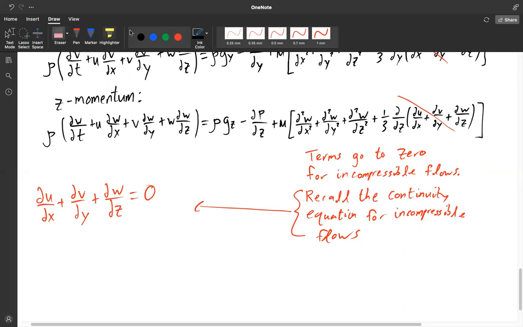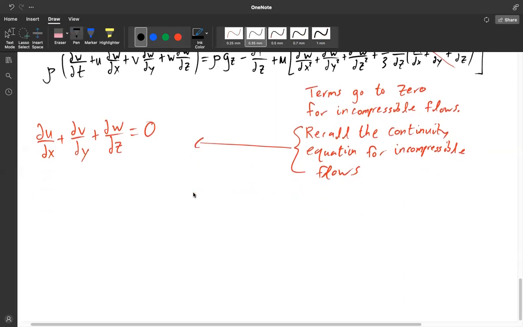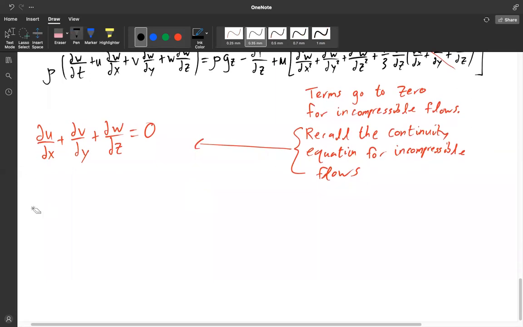So if we cancel those terms out, we can write our equation in vector form. For incompressible flows, vector form.